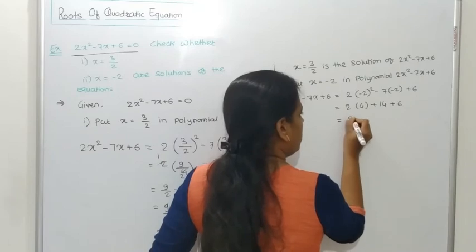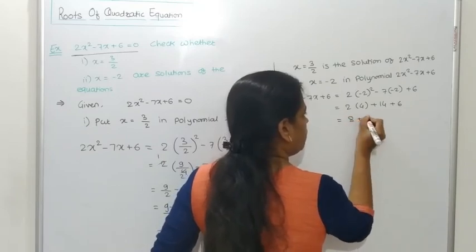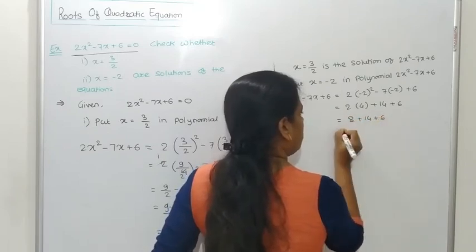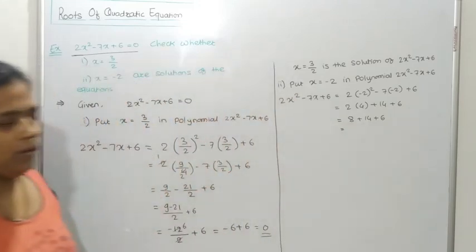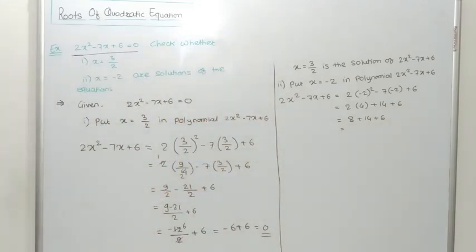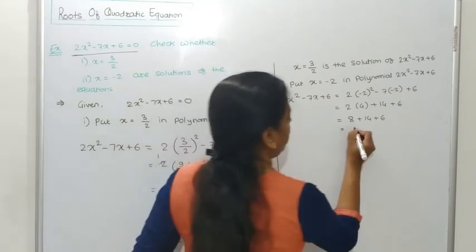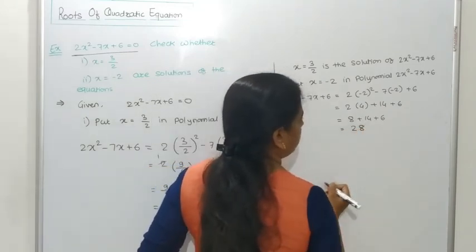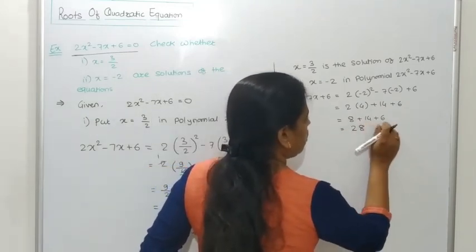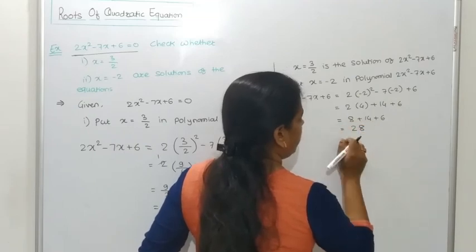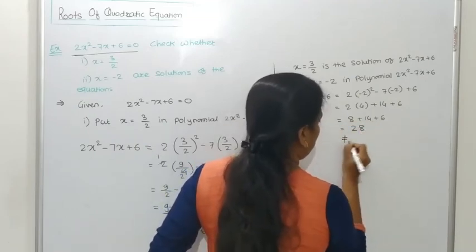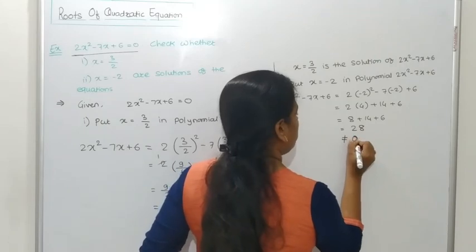2 fours are 8, plus 14, plus 6. Then what is your answer here? 14 plus 8 plus 6. We get 28, because 14 plus 6 is 20, and 20 plus 8 is 28. Which is not equal to 0.